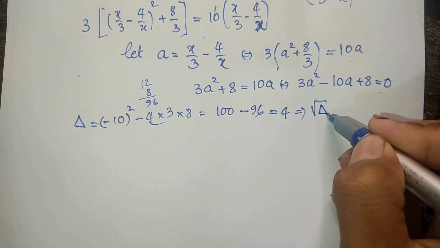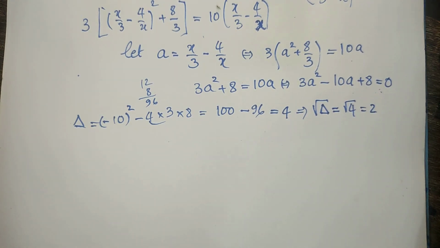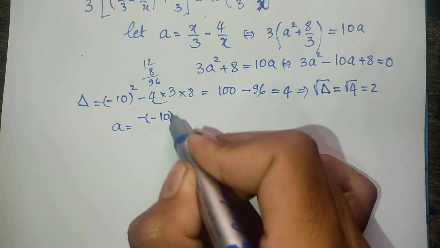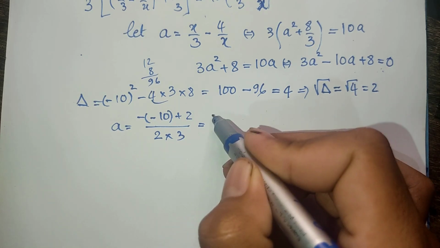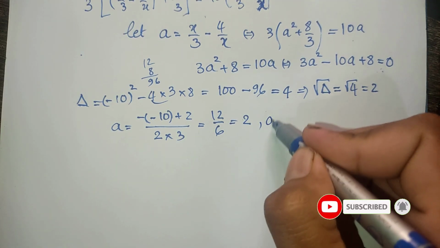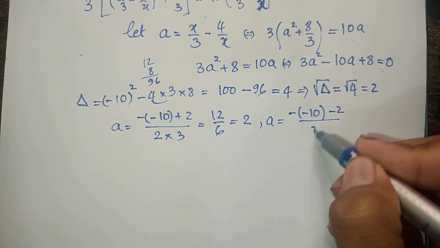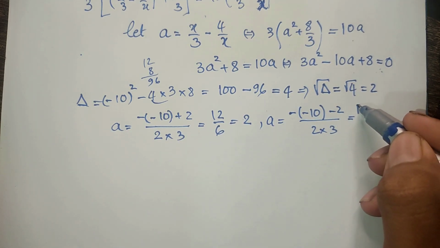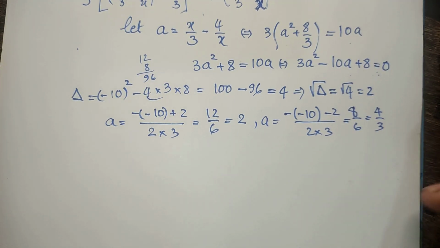The square root of the discriminant is the square root of 4, which equals 2. So a equals (10 plus 2) divided by (2 times 3), which is 12 divided by 6, which equals 2. And a equals (10 minus 2) divided by 6, which is 8 divided by 6, and simplified gives 4 divided by 3.